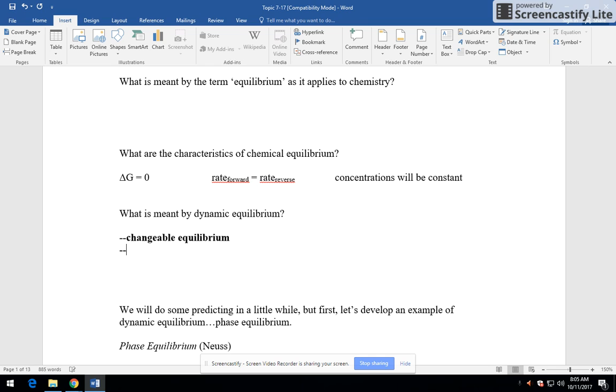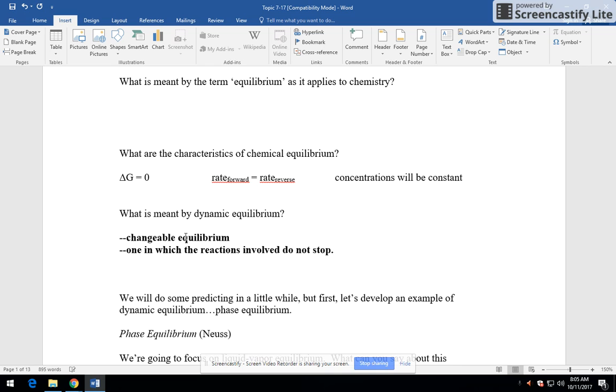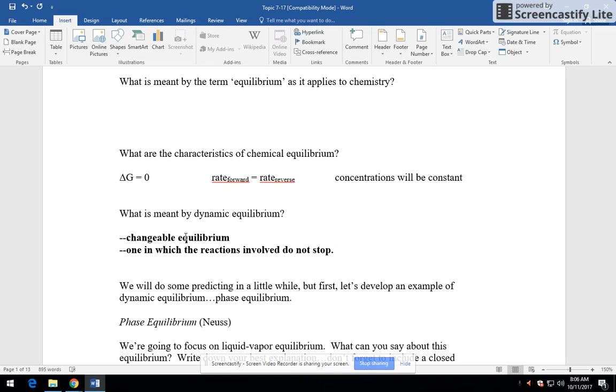So a changeable equilibrium, and not only that, but one in which the reactions involved never stop. Rate forward equals rate reverse does not mean that they're both equal to 0. You look at a beaker at equilibrium and it will look like nothing's happening, but in fact both reactions are happening at the same time.